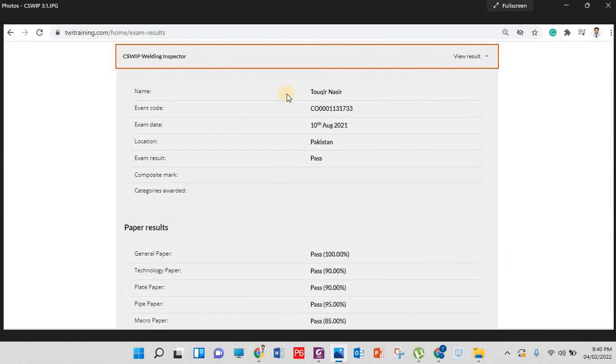Okay, I would like to share the results as I mentioned in the start. Here is my name, Tawqir Nasir. This is the event code. I gave the paper on 10th of December, 2021. Result: pass, Pakistani. And you can see, my friends, general paper 100%. Alhamdulillah. Technology 90, plate 90, pipe 95, micro 85.